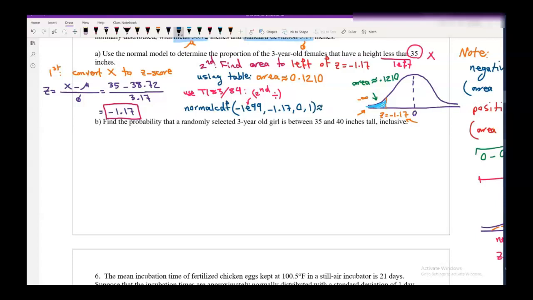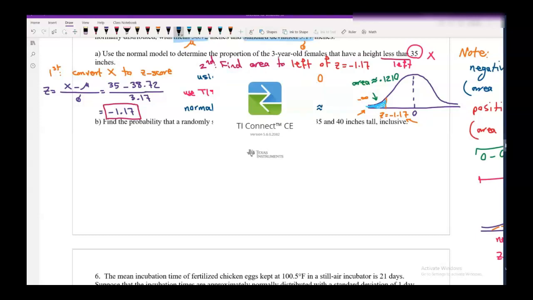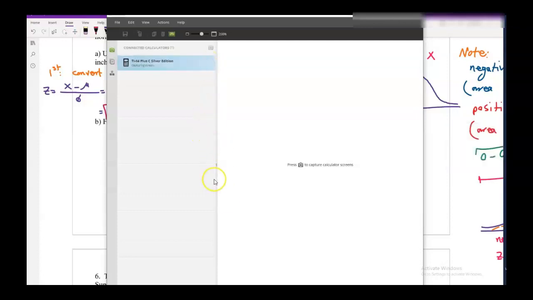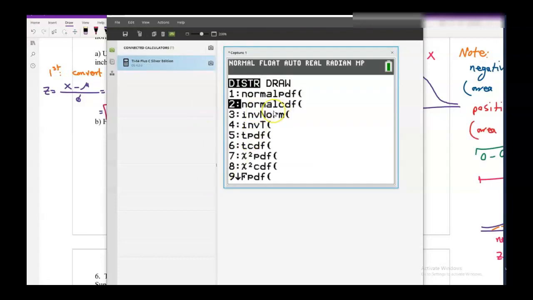So let's use our calculator. Press second, VARS, and choose number 2, normal CDF, enter. For lower we enter negative 1E99. Again, to enter E you press second, then division, and upper is negative 1.17.